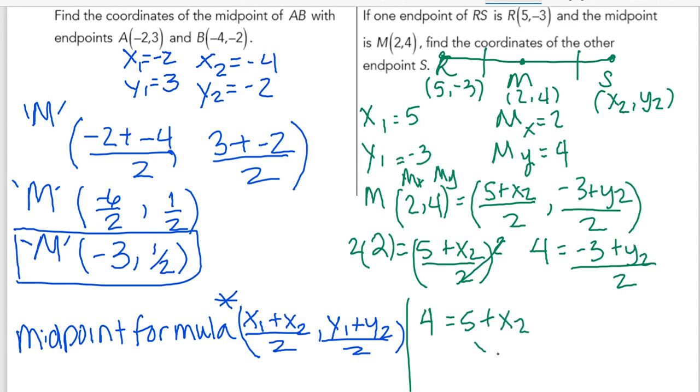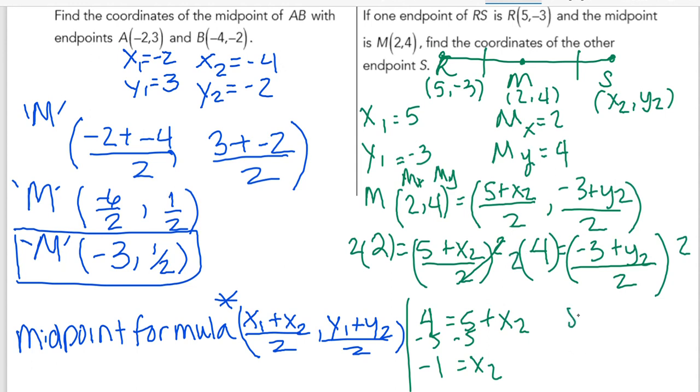So you get 4 equals 5 plus x2. Subtract 5. So x2 is going to equal -1. And then for the y2, you're going to multiply both sides by 2 to get rid of the 2 in the denominator.